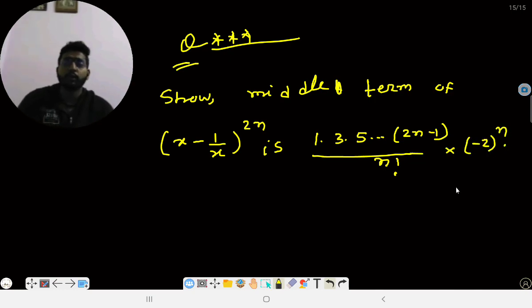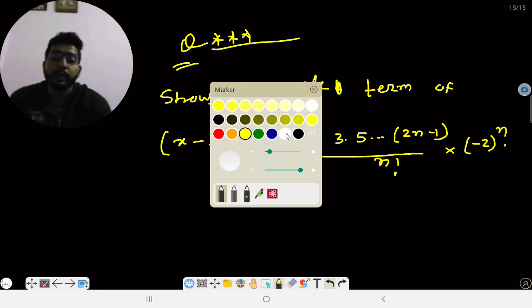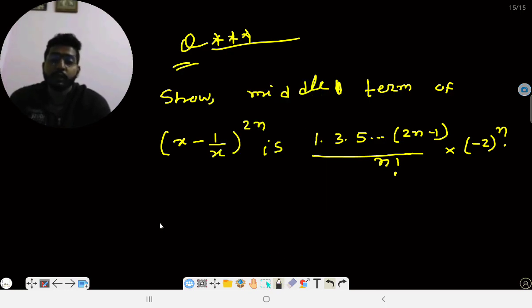So we have to show the middle term of this expansion, x minus 1 by x whole to the power 2n, is 1 3 5 dot dot dot 2n minus 1 divided by n factorial into minus 2 whole to the power n. Now how to show it? First, what is the middle term? For the middle term we need to know whether the power is even or odd. The power is given as 2n, that means it is even.